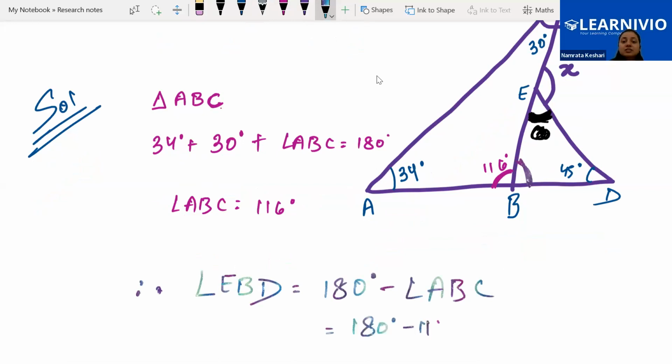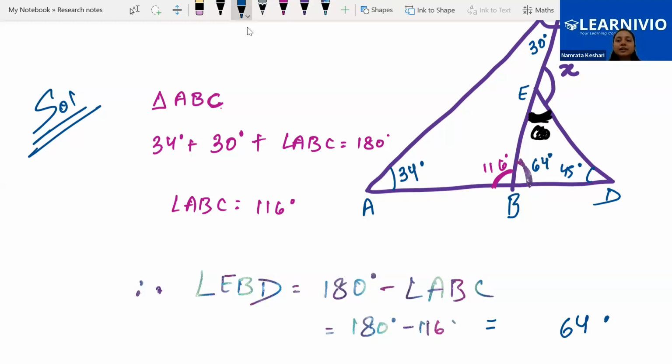This is just one of the ways. There are so many ways, and I am telling you the easiest. So 180 minus 116 is 64 degree. Yes, ma'am.